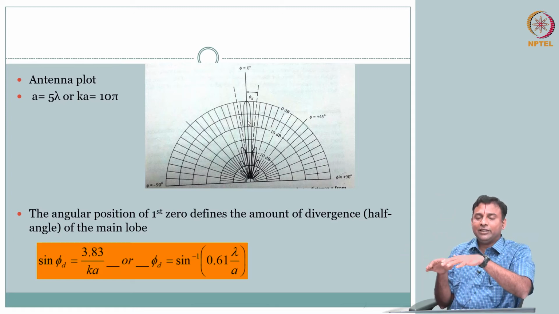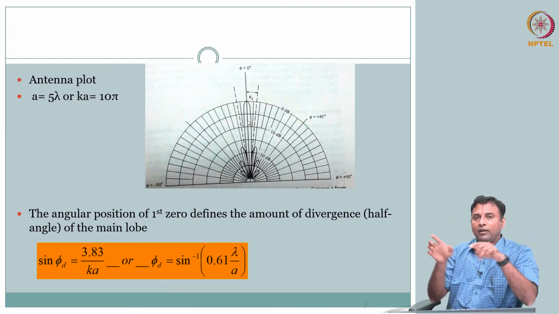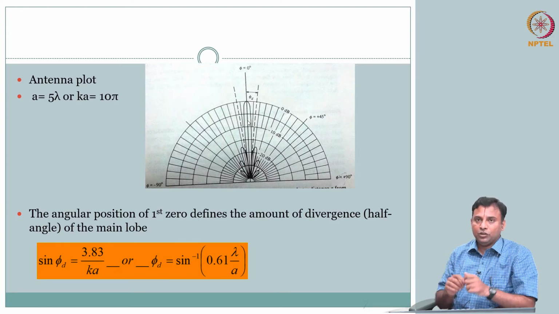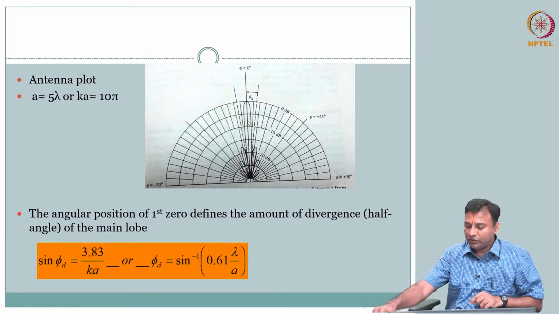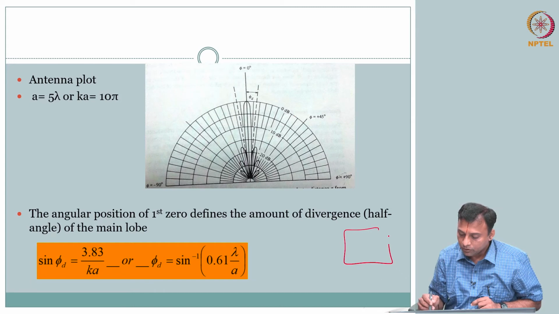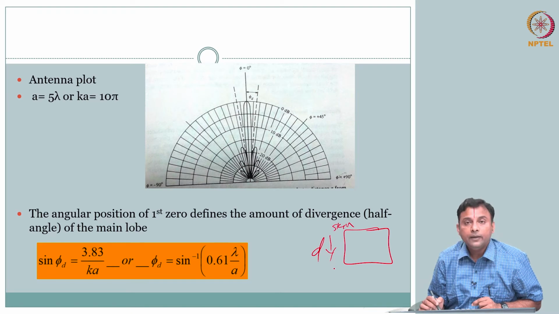But in imaging, at least, we are interested in the in-plane spread. So if you see an image, if this is your depth d, the skin, and this is depth, this direction is fine, that is your axial direction.